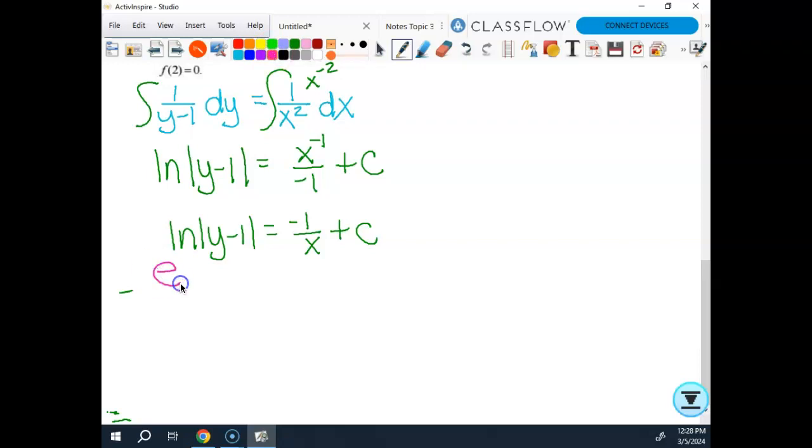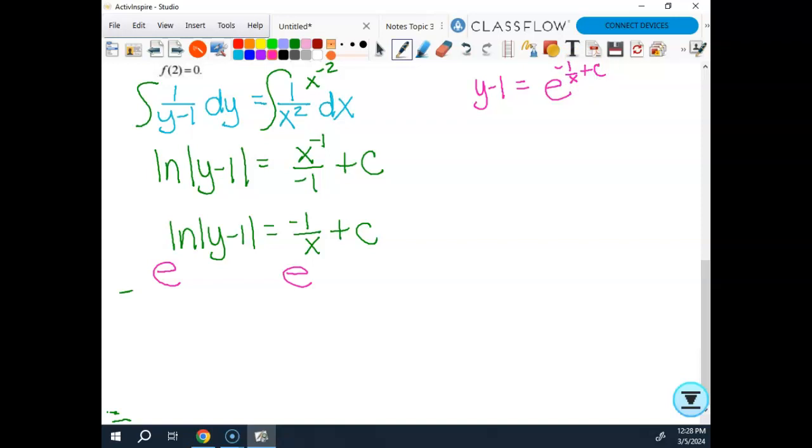So I'm going to take both of them. E becomes the base. What's on either side of my equal sign becomes my exponent. So then e to the natural log of y minus 1 becomes y minus 1 equals, and then this is e to the negative 1 over x plus c power.